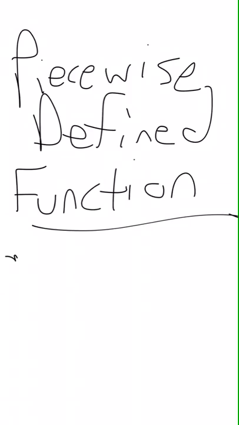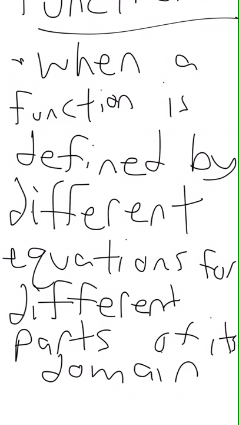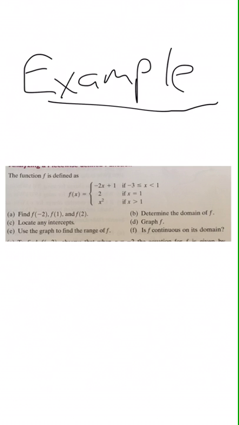Alright, now we'll go over what a piecewise defined function is. It's when a function is defined by different equations for different parts of its domain. We're going to go over an example to illustrate that. Here's an example.